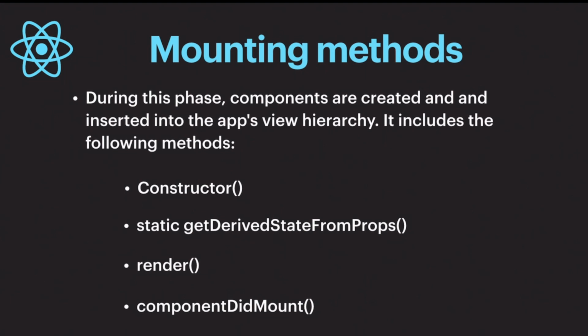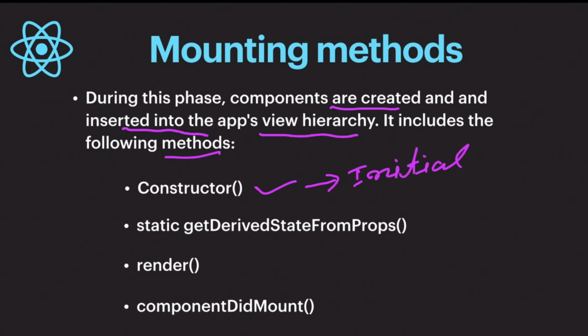During this phase, components are created and inserted into the app view hierarchy. It includes the following methods: constructor. The constructor is the initial method, the first method called when the component is created. The second method is static getDerivedStateFromProps.